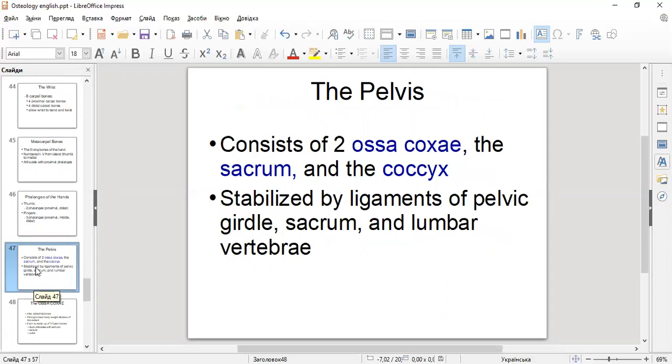The pelvis consists of two os coxae, the sacrum and the coccyx. Stabilized by ligaments of the pelvic girdle, sacrum, and lumbar vertebra.